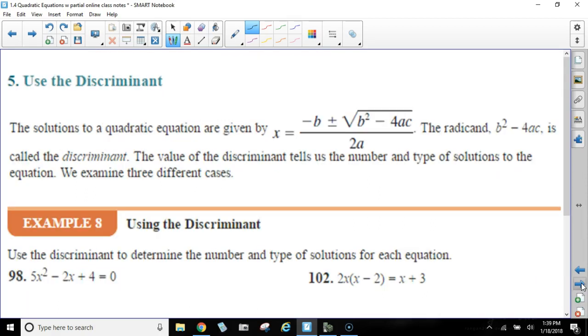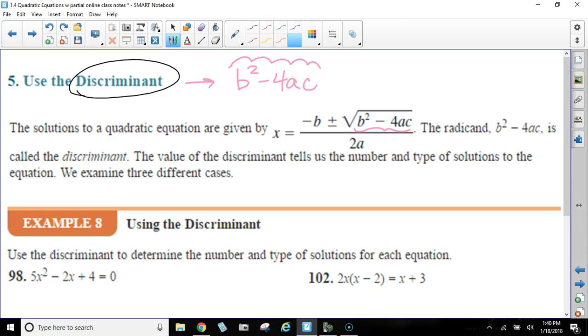All right, next we're going to talk about what is meant by this term, the discriminant. The discriminant is nothing more than the radicand of your quadratic formula. The discriminant is the value of b squared minus 4ac.